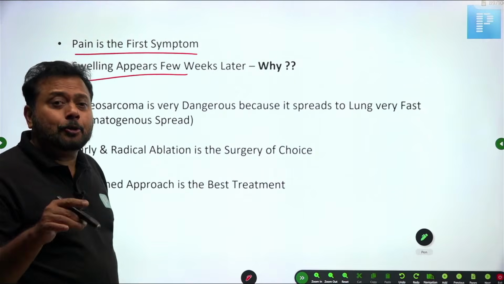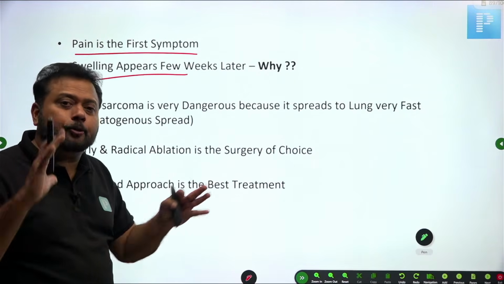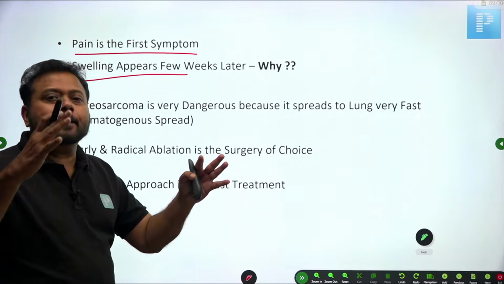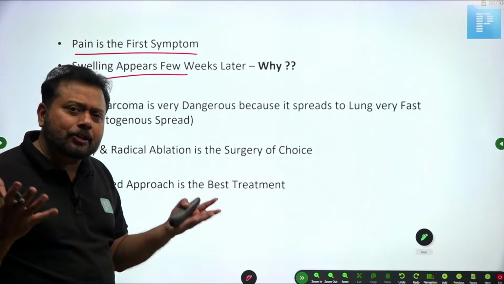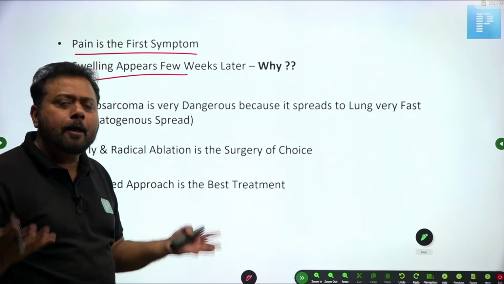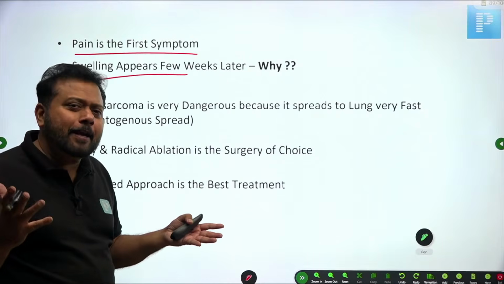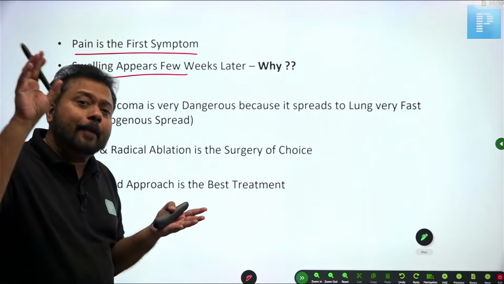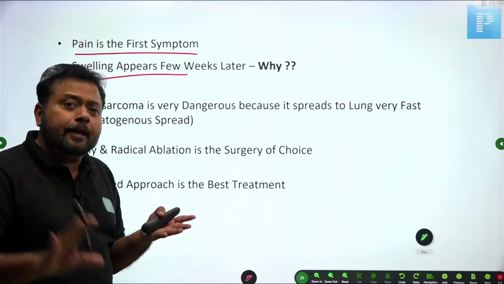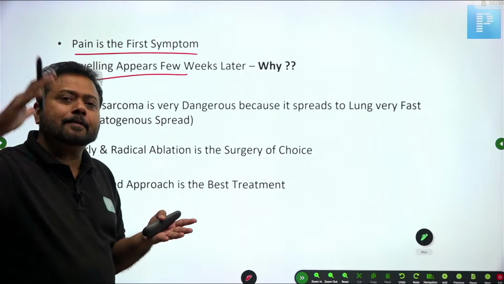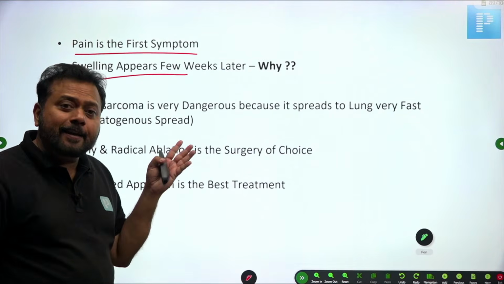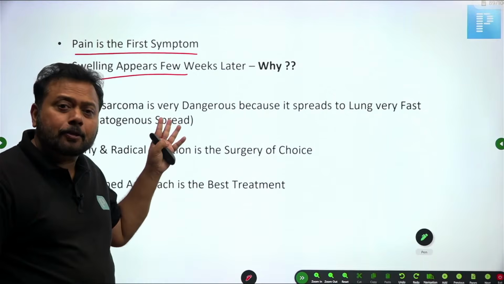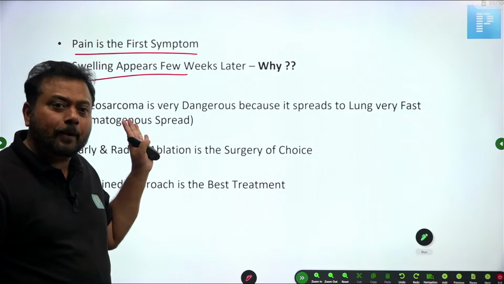In giant cell tumor, it's an expansile tumor, so swelling comes immediately. Pain won't be there because periosteal reaction is not there. Pain comes only when a pathological fracture happens. So pain is a late feature in giant cell tumor and the earliest feature in osteogenic sarcoma.